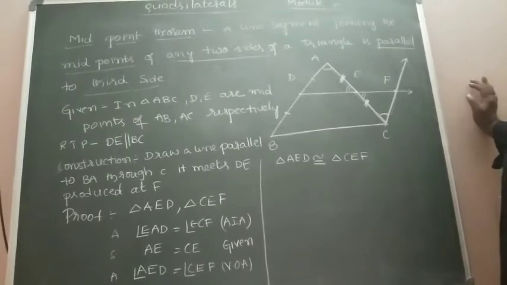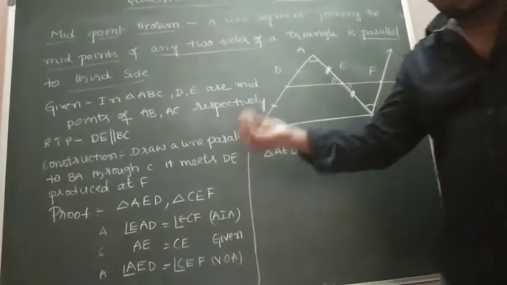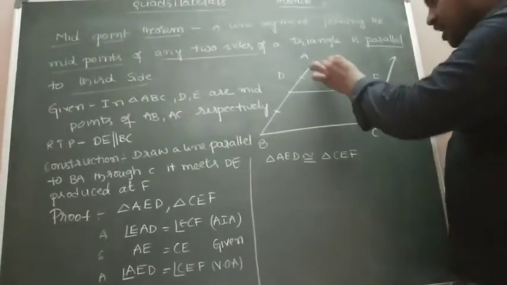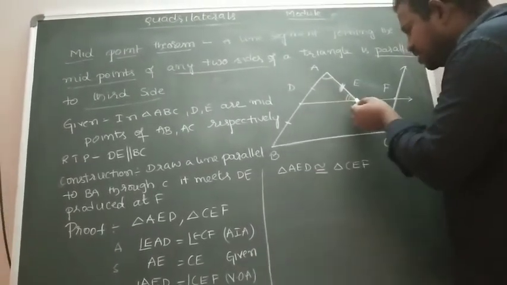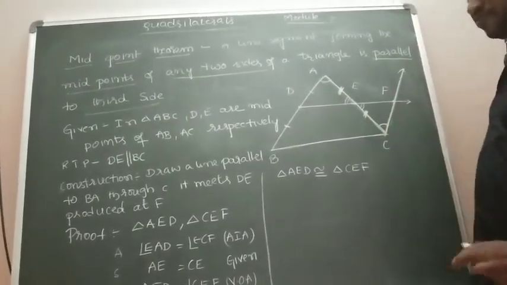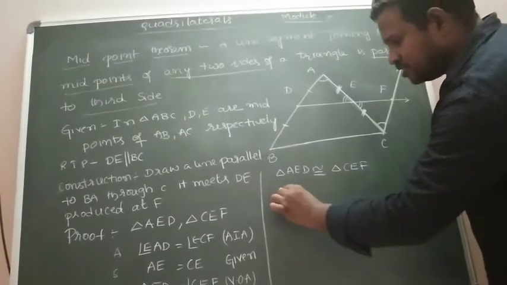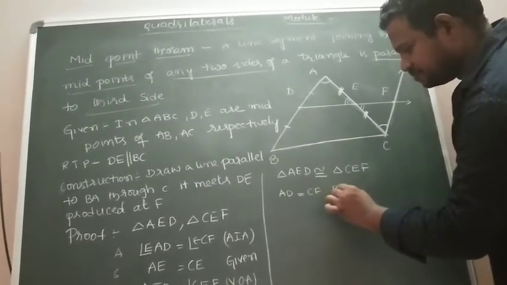Corresponding parts of the congruent triangles are equal. You should identify what the correspondings are. For AE the correspondence is CE. For ED the correspondence is EF. And for AD the correspondence is CF. So AD is equal to CF by CPCT.